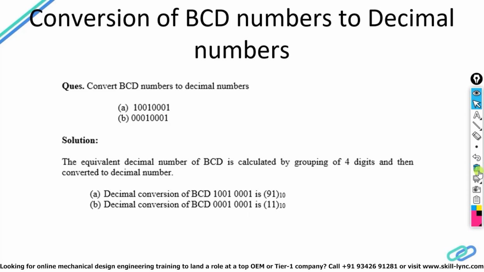So what we have learned is how to convert a BCD number to a decimal number: you take a BCD number, then you divide it into 4-bit groups, for example 1001, 0001, and then you write the corresponding decimal values in the result. This is the conversion of BCD numbers to decimal numbers.